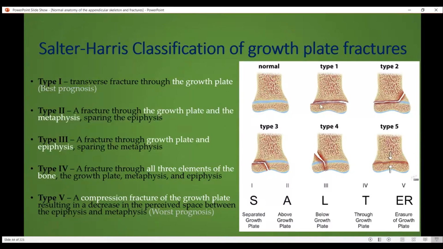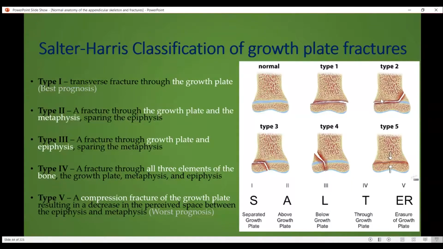The whole growth plate is separated from the metaphysis. That is called Salter-Harris type 1. In type 2, there will be a proximal metaphysis fracture along with the epiphyseal plate. The growth plate is fractured and the proximal metaphysis is also fractured. See here, the part above is fractured. That is called type 2.